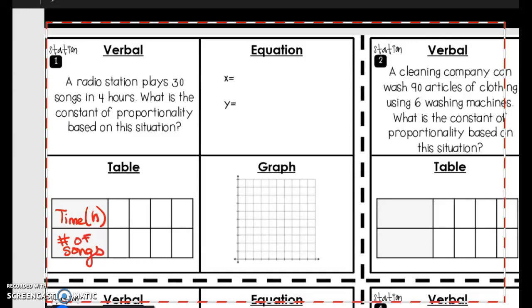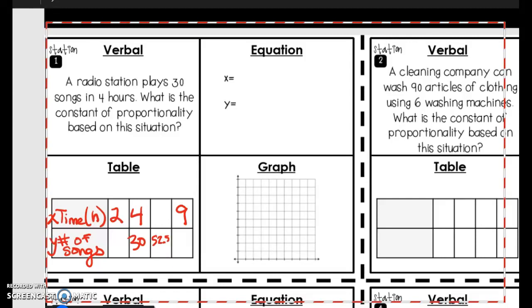Okay, and I'm going to plug in the numbers they give me: 2, 4, 9, and then for the number of songs, 30 and 52.9, 52 and a half songs. All right, as we talked about in class, this is your x value and this is your y value.